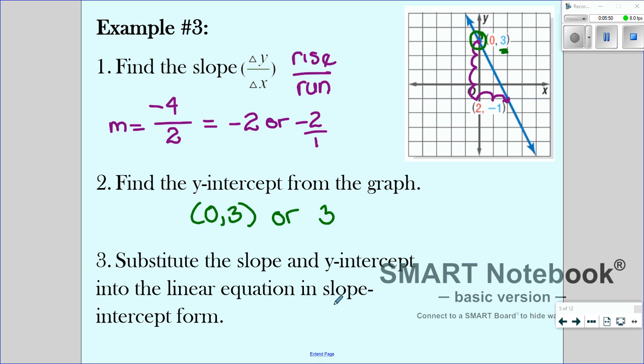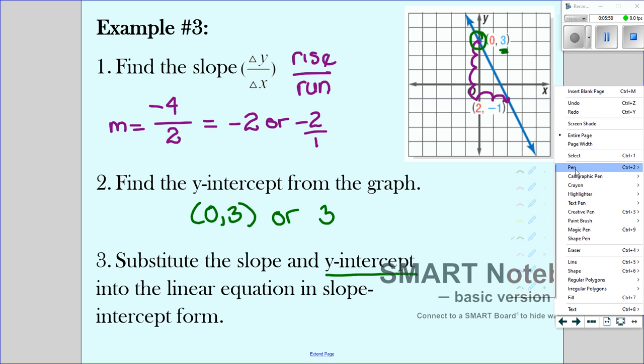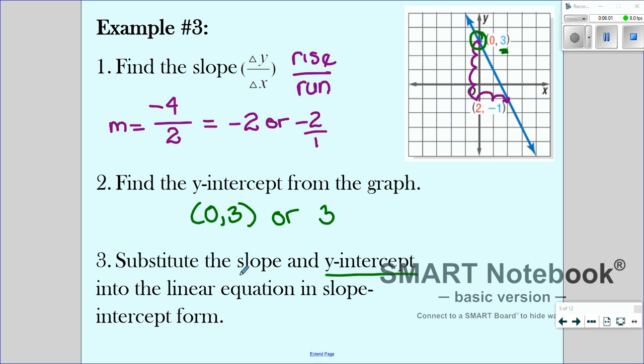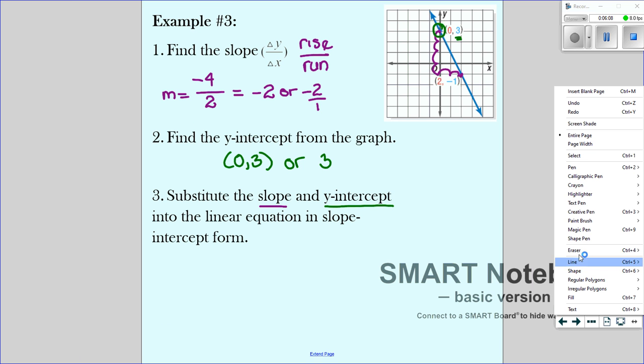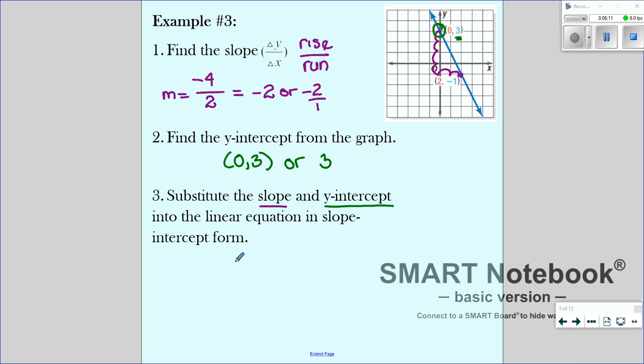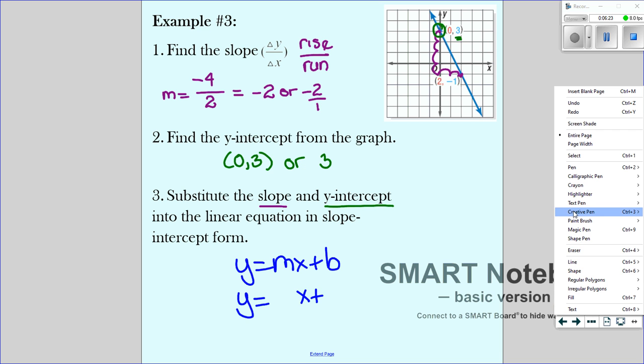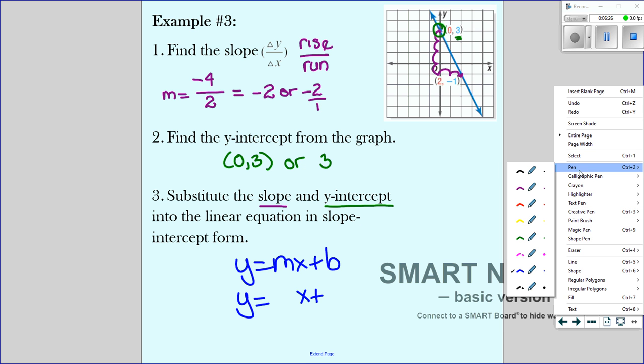So now they say substitute the slope and the y-intercept. So y-intercept, I had that in green, and I'm going to put the other one in purple because we found our slope using purple, into a linear equation in slope-intercept form. So that is, I'm going to change that to blue, y equals mx plus b. So then the y and the x will stay as is, plus the equal, and I'll put the plus, and I'm just going to fill in the m and the b.